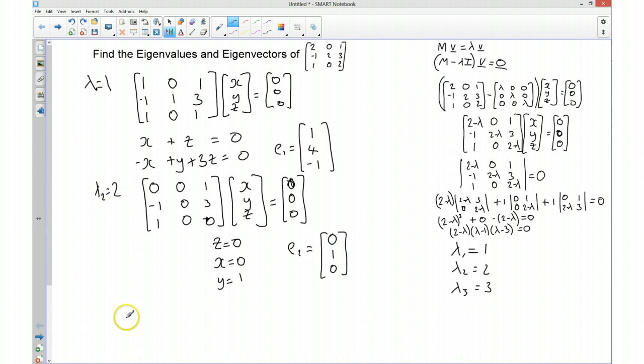Okay, and for the third eigenvalue, this is where lambda is equal to 3, and again I'm going to stick those into there, so I've got minus 1, 0, 1, and this is the equation we're trying to solve this time.